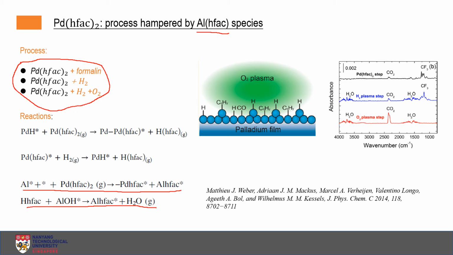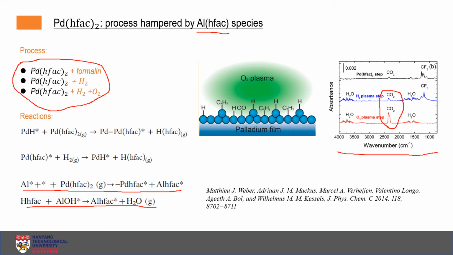To solve this problem, in one study, oxygen plasma was used after the hydrogen pulse. This study resulted in uniform Pd thin film with high purity, and the growth rates also increased. And according to the gas phase FTIR project, it was discovered that after oxygen plasma step, the intensity of carbon dioxide increased.